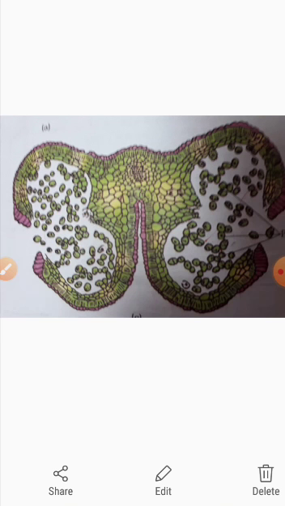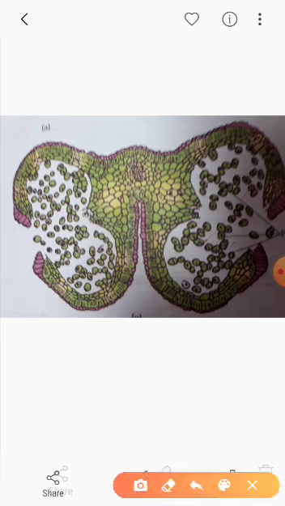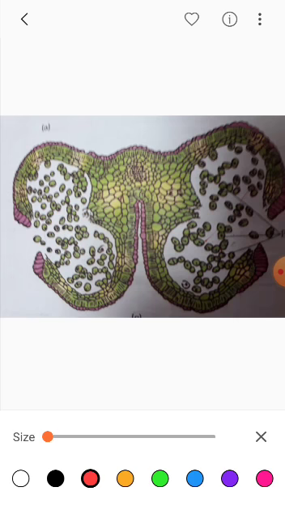When the anther is young, all the microspore mother cells are very compactly arranged. But when the anther matures and it is time for the release of pollen grains, dehiscence takes place and all pollen grains are liberated. So you can see in this diagram, these are all pollen grains. So this is a typical anther showing the pollen grains.